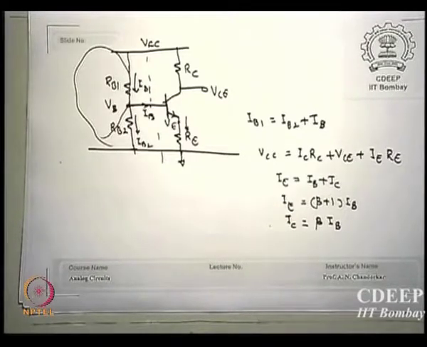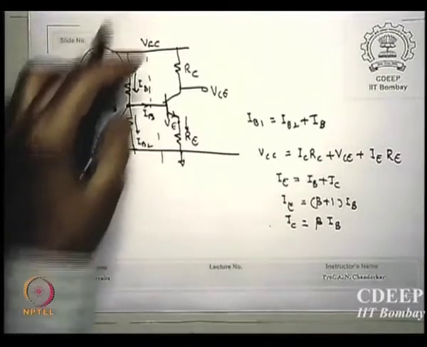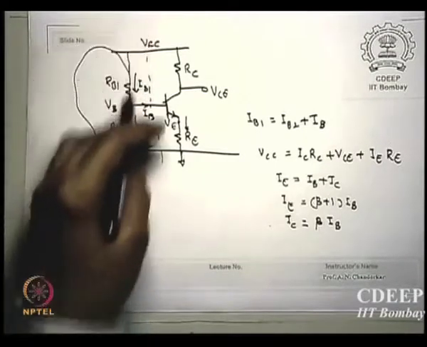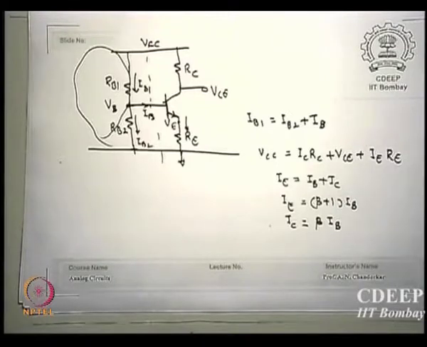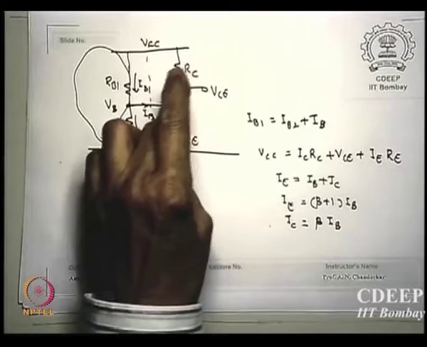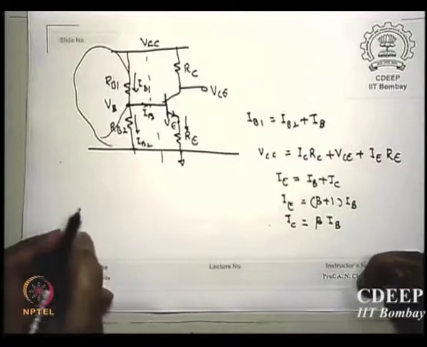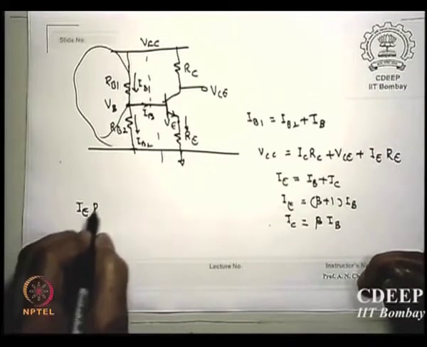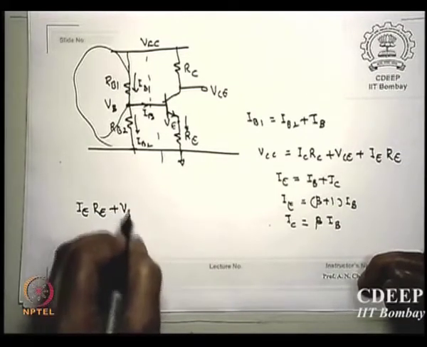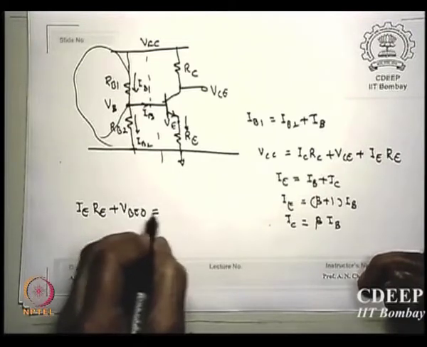IERE plus VBE on, is that correct? And if I am evaluating VB from this side as well and I equate them, is that clear? So I will be able to get the exact value of IB I am evaluating at that point for a given VB. VB I am fixing from where? IERE plus VBE on is VB.